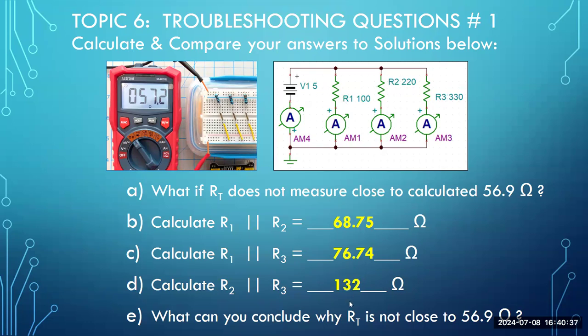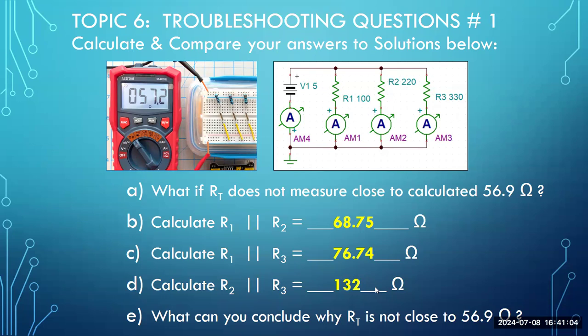So yes, although you calculate 132 and 132 is higher than the original R total for all three resistors, this scenario of troubleshooting only is interested in R2 parallel with R3, and just with two resistors in parallel with each other, these specific two, 132 ohms was calculated. Cool. So that was the first troubleshooting question.